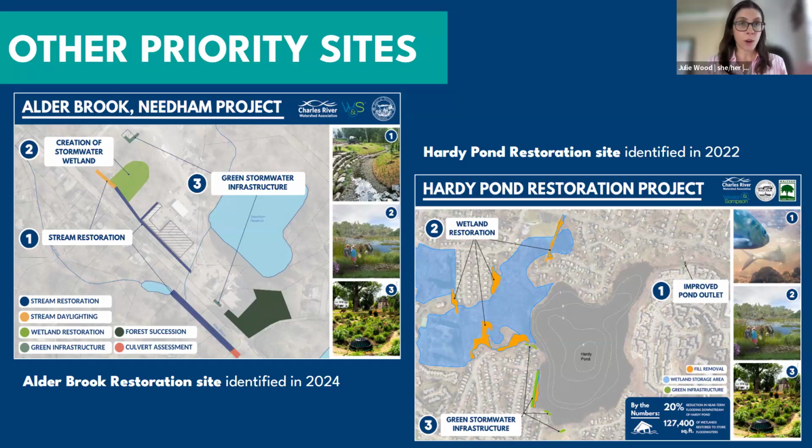So we try to do a mix of things, and we're focused on both flood reduction and meeting other community goals. This Hardy Pond Waltham project is actually the one that was recommended by residents, and it involves using the pond for storage and restoring some adjacent wetlands. Next slide.